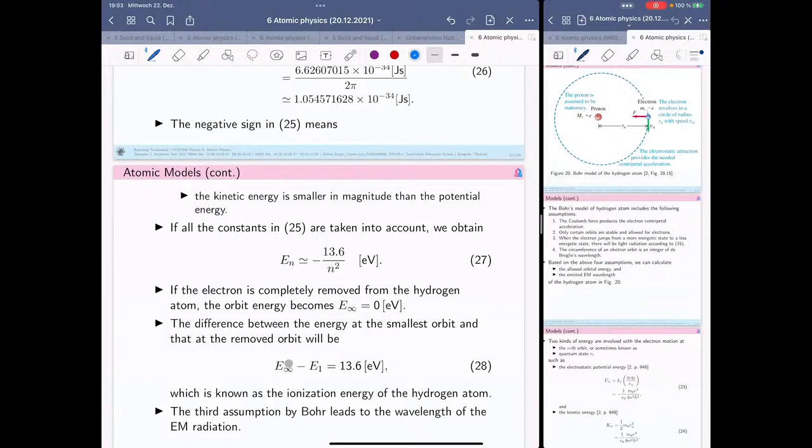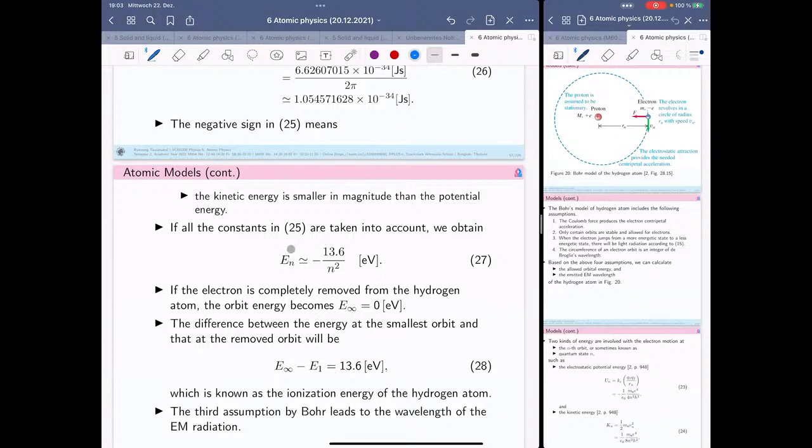Please note that when we are extremely far from the nucleus of the hydrogen atom, we have the energy state E infinity, right? And the difference is going to be minus E1, where E1 is the first energy state in that hydrogen atom.